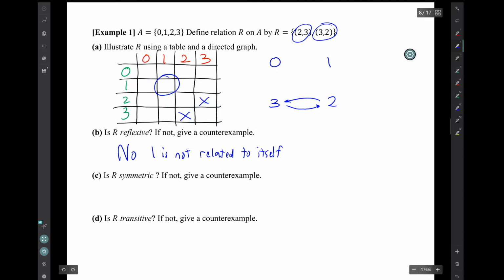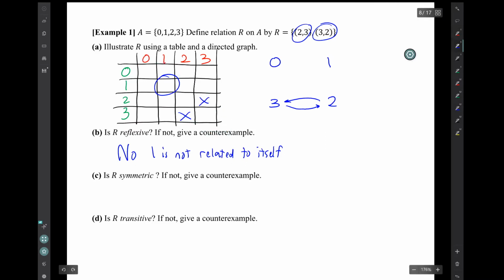Also, in terms of the graph, for a relation to be reflexive, every element has to be related to itself. That would mean that you'd have to have loops on every element. One would have to be related to itself, which would show up by a loop. So we look for loops on a graph to figure out if the relation is reflexive, and we look for cells in the main diagonal of the table.